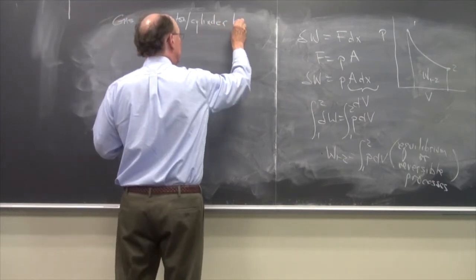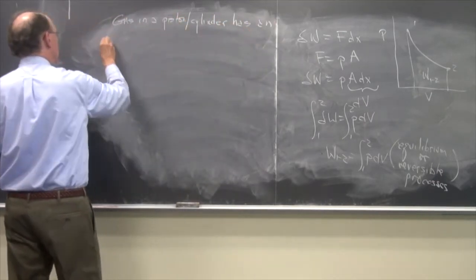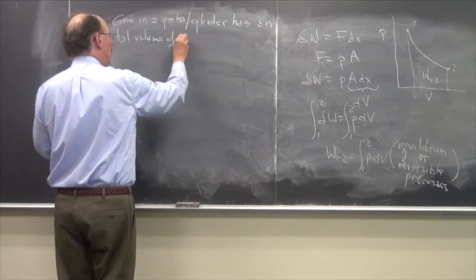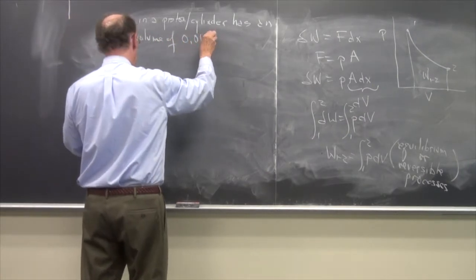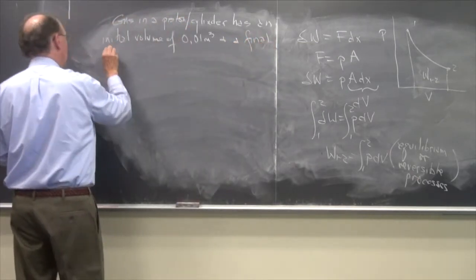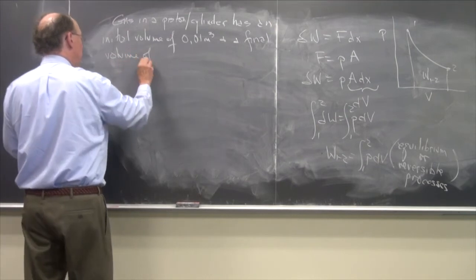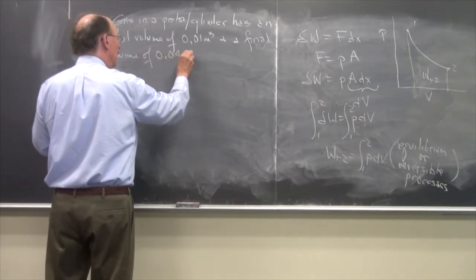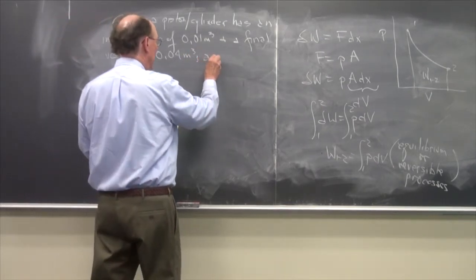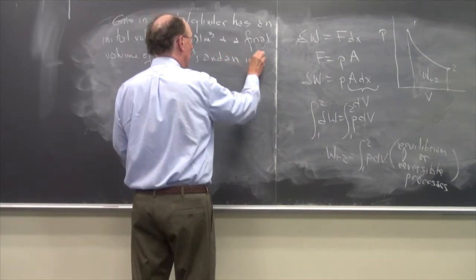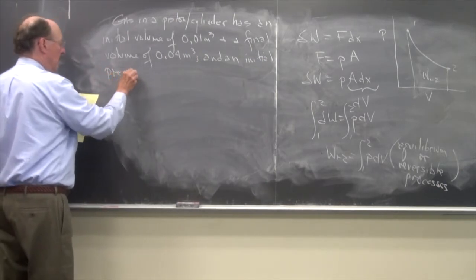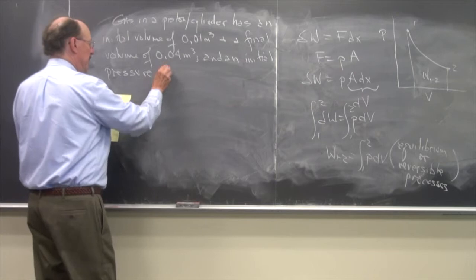It has an initial volume of 0.01 cubic meters and a final volume of 0.04 cubic meters. And an initial pressure of 400 kPa.